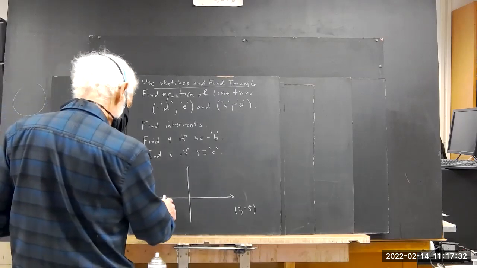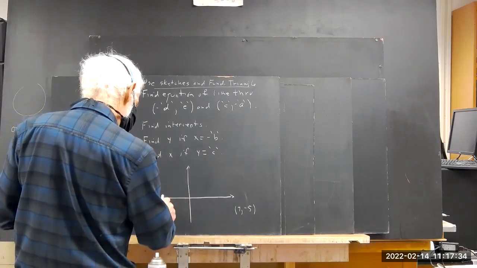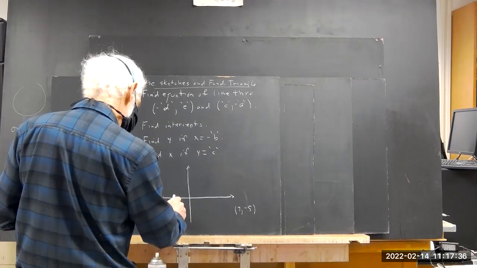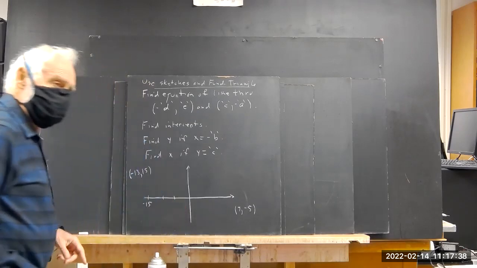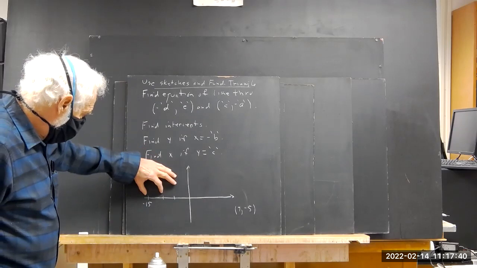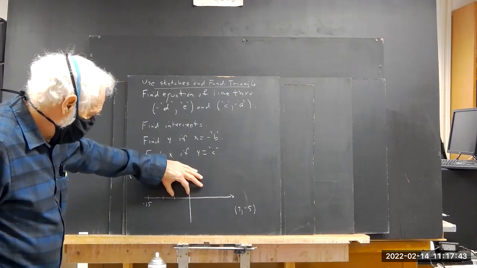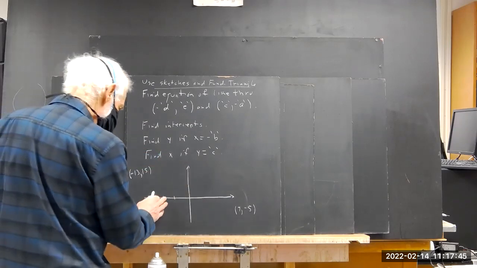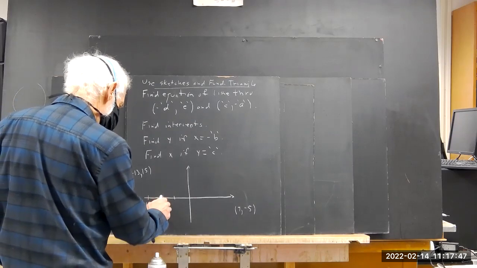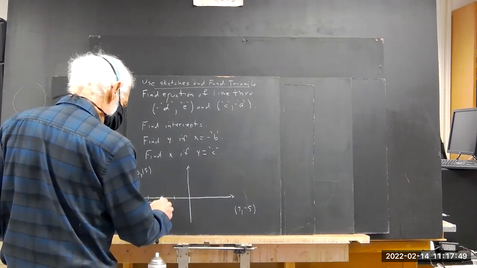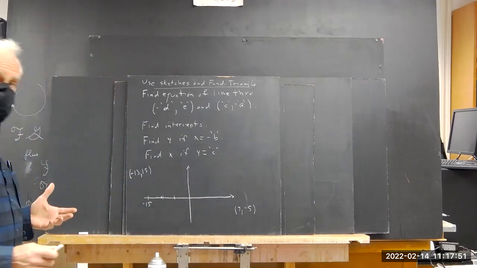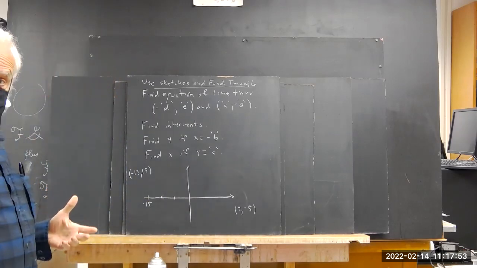Well, we cut this interval into equal subintervals. Except I didn't do a very good job. This one's way bigger than this one. It's about the same size as this one. Probably need to move this point over a little. And we'll just go with that. Not going to be hugely accurate, right?